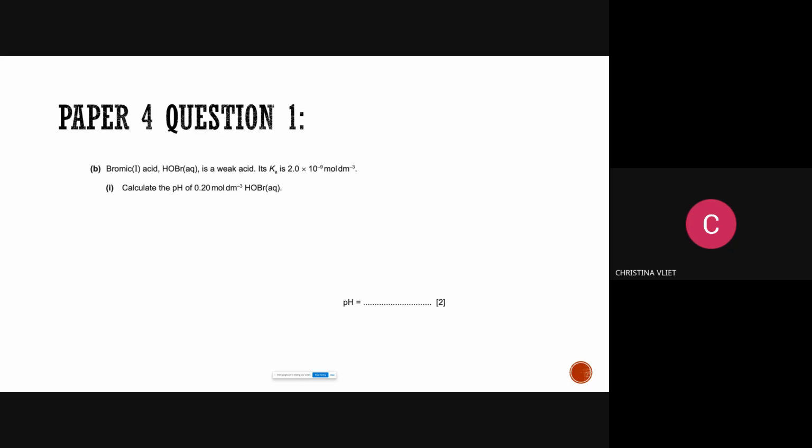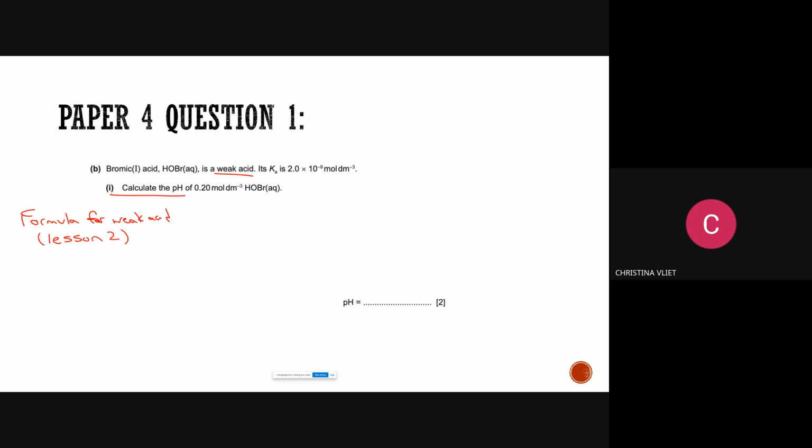Can you calculate the pH of just the weak acid? What would we do? This is a weak acid. They asked us to calculate pH. Where do we go with this? Do we have a formula? Formula for weak acid. What lesson did we learn that in?